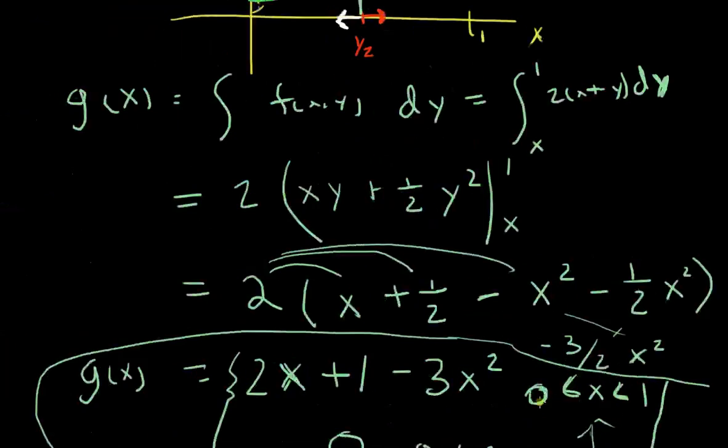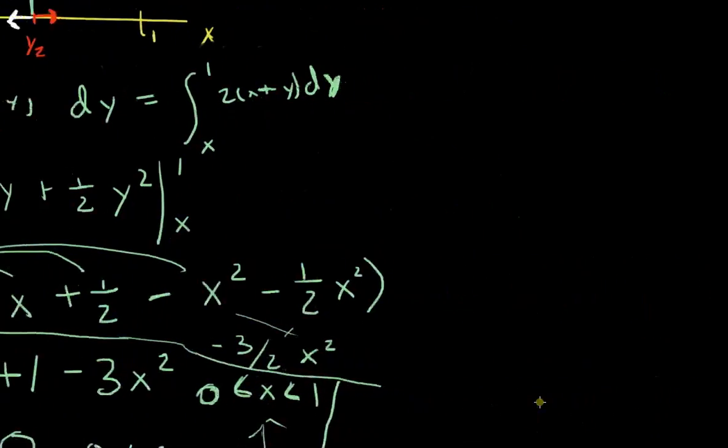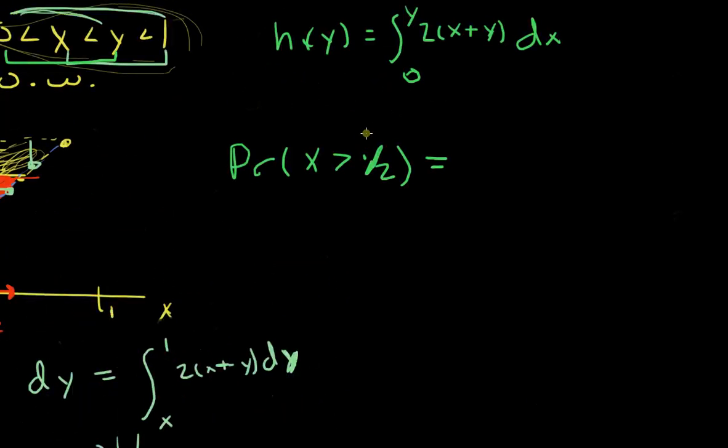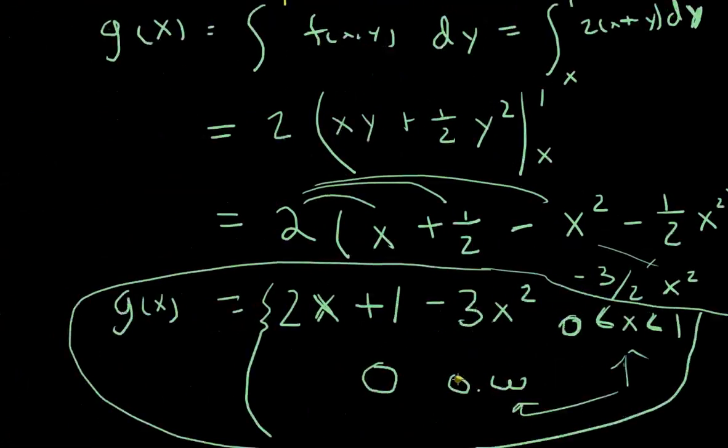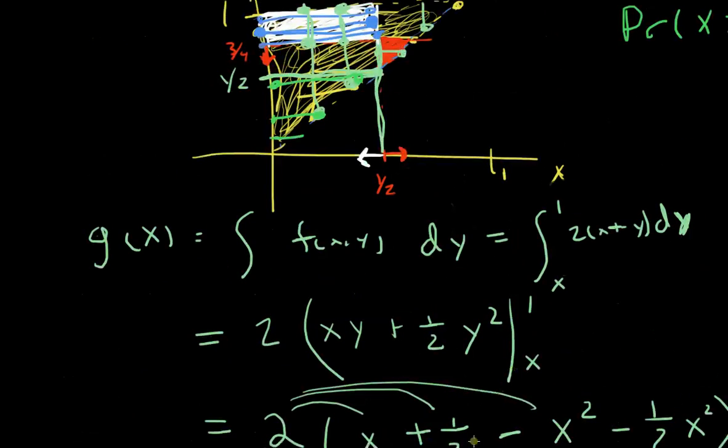If you haven't found the marginal distribution yet, this is the time where you will do it, right? If you're trying to find the probability that x is greater than 1/2, in this case, you would integrate between 1/2 and 1 the marginal distribution. Okay? And you can do this if you want and put it on the discussion board, and I'll check your answer. So this is the marginal distribution.